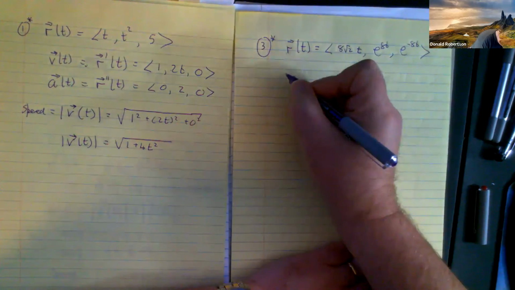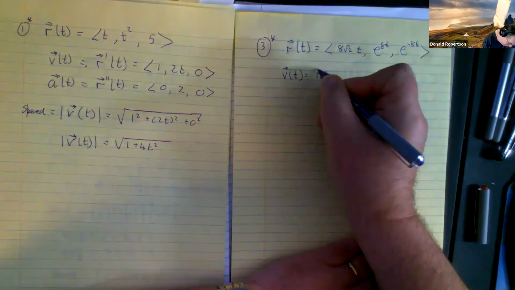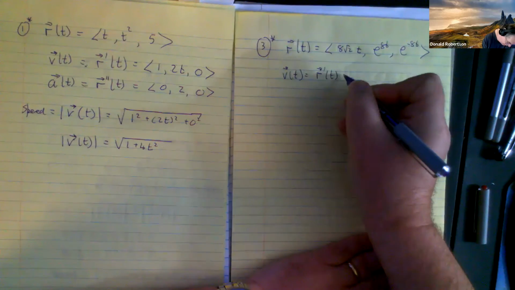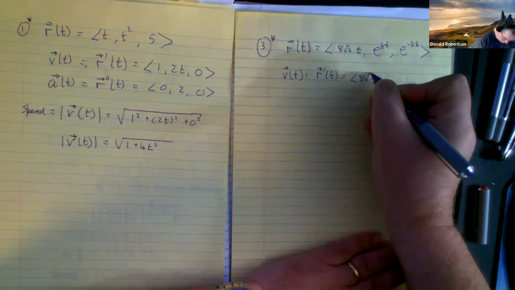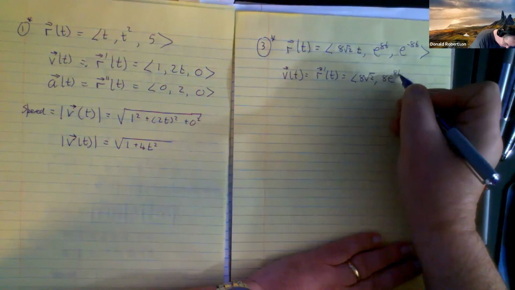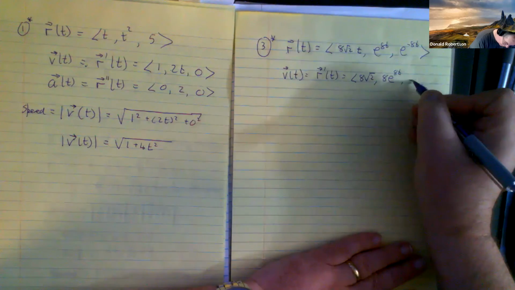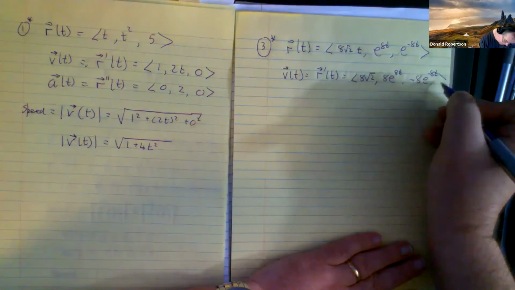And we'll find the velocity vector first. It's the first derivative. That guy gets you 8 root 2, I should say. This guy gets you 8 e to the 8t, and the derivative of this one, negative 8 e to the negative 8t.